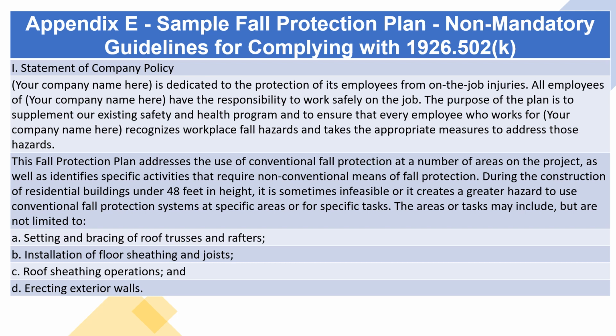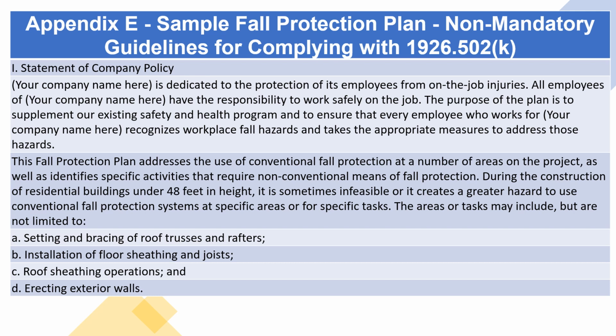This fall protection plan addresses the use of conventional fall protection at a number of areas on the project, as well as identifies specific activities that require non-conventional means of fall protection. During the construction of residential buildings under 48 feet in height, it is sometimes infeasible or it creates a greater hazard to use conventional fall protection systems at specific areas or for specific tasks.